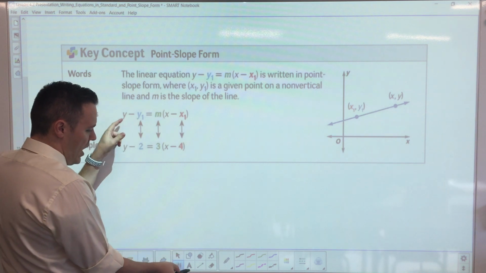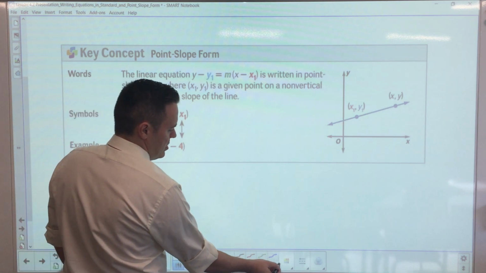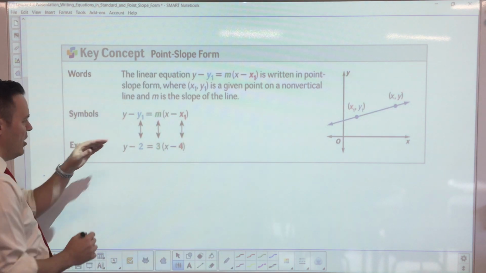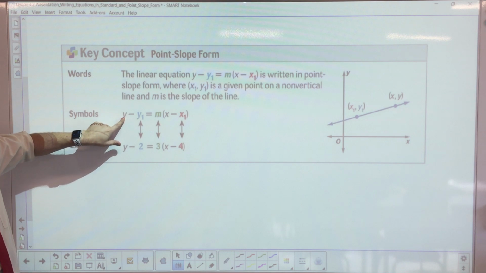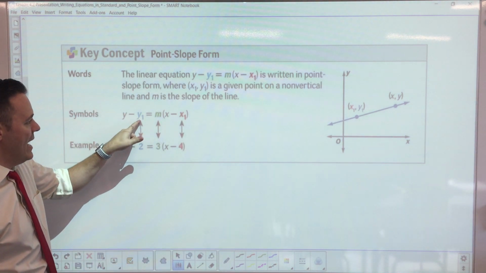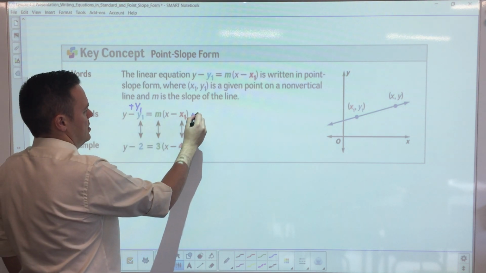If I'm solving for y, what is the first step I'm going to do with this equation? Look at it and tell me the answer to that. If I'm solving this for y equals, what is the first step you would do? You would actually add y1 to both sides.